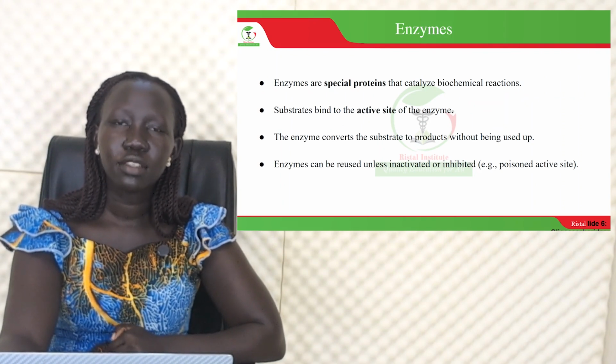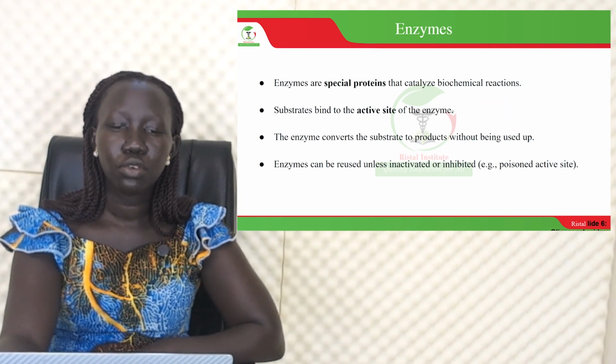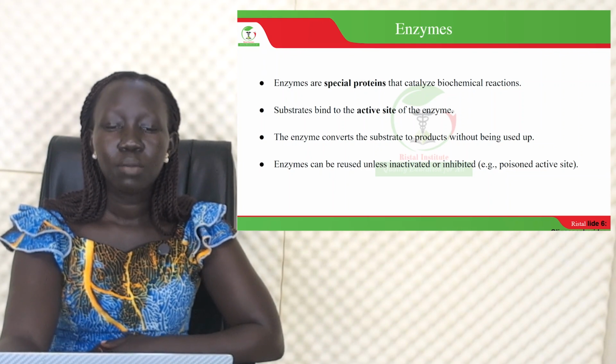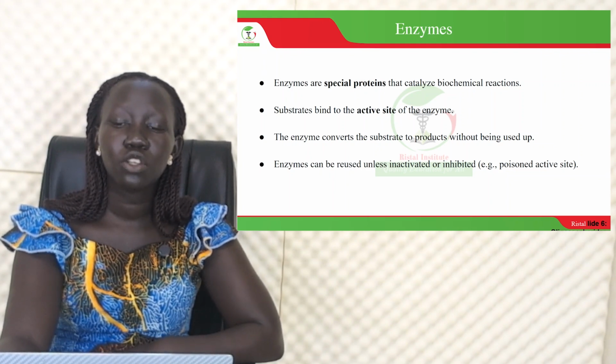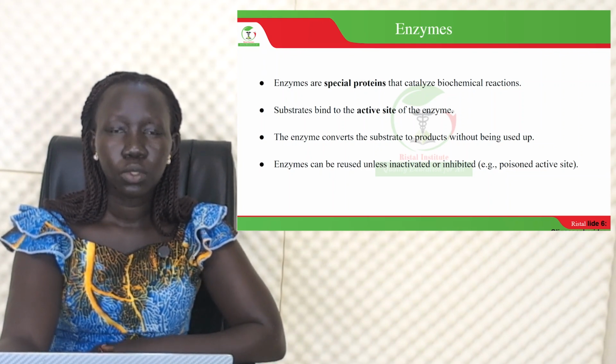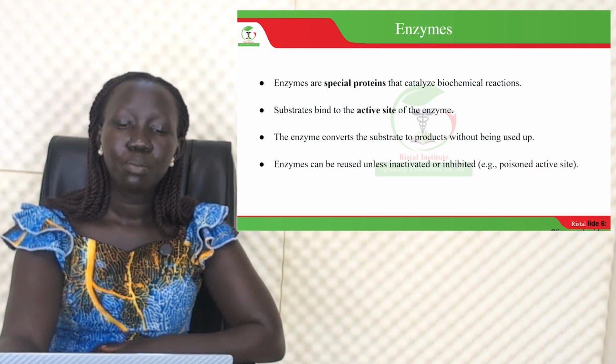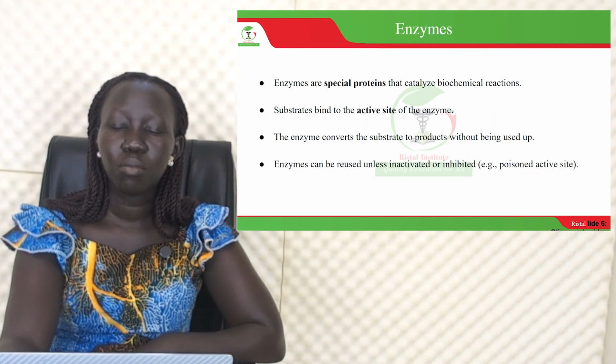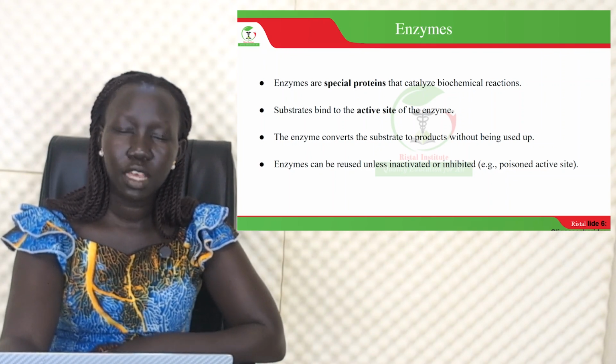Enzymes are special proteins that catalyze biochemical reactions. The substrates bind to the active site of the enzyme, and the enzyme converts the substrate to products without being used up. The enzymes can be reused unless inactivated or inhibited, for example, by poisoned active sites.